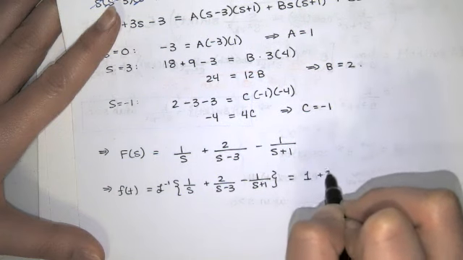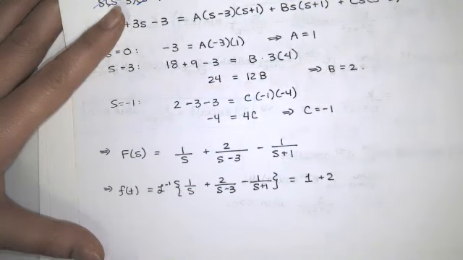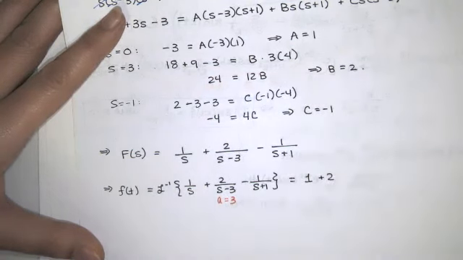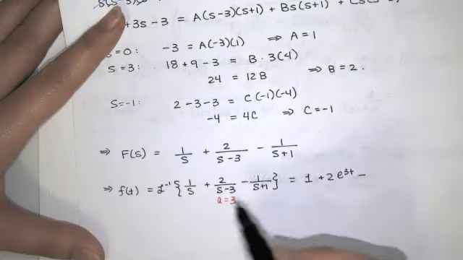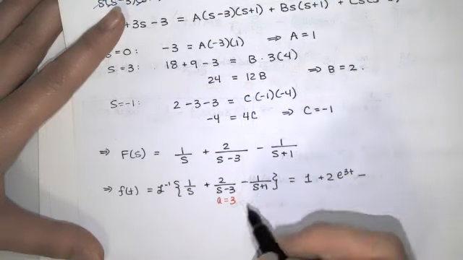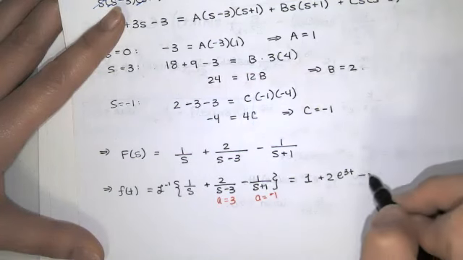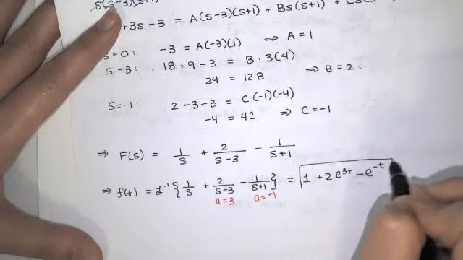So we've got 1 plus 2, and the inverse transform of 1 over s minus 3. Well, since a is equal to 3 there, we're going to have e to the 3t. And then we're subtracting to bring that constant down. And on this one, we've got s minus a, where a is equal to -1. So this will be e to the -1t, or -t. And that's our f of t in that case.